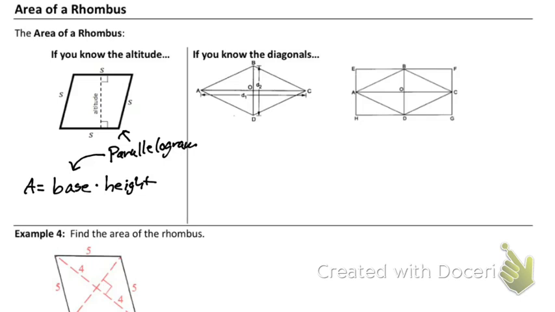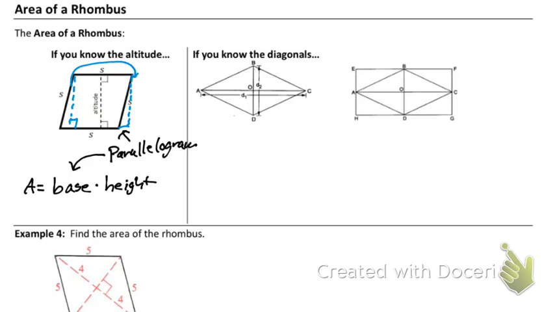It's the exact same thing as a parallelogram. If I would cut that little triangle off and put it over here, I'd once again have a rectangle, so this one would be S times the height.